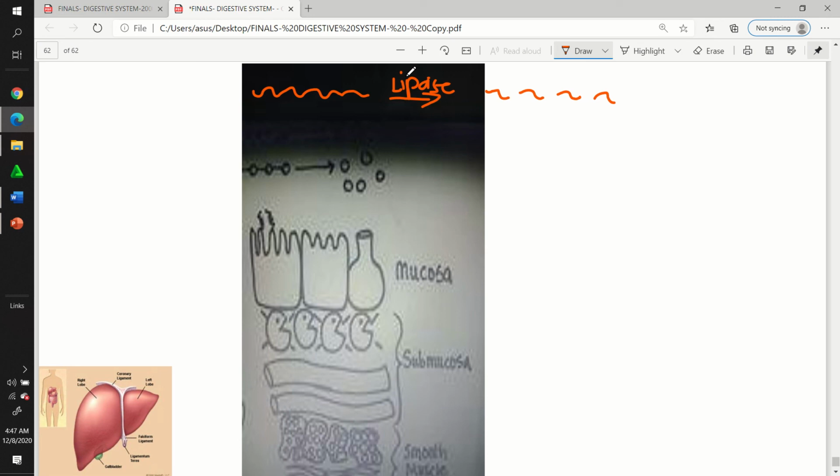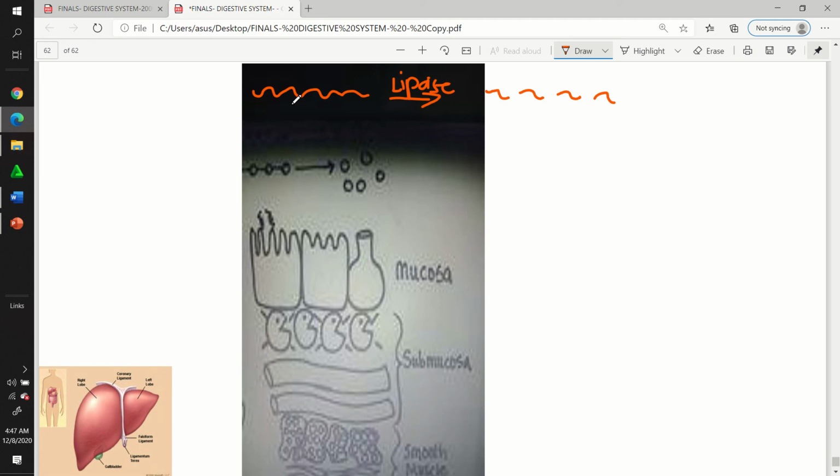And this is critically important because they are able to absorb through the intestine directly into the lymphatic vessel and carried as chylomicrons. Okay? This is meant to be a lipid.